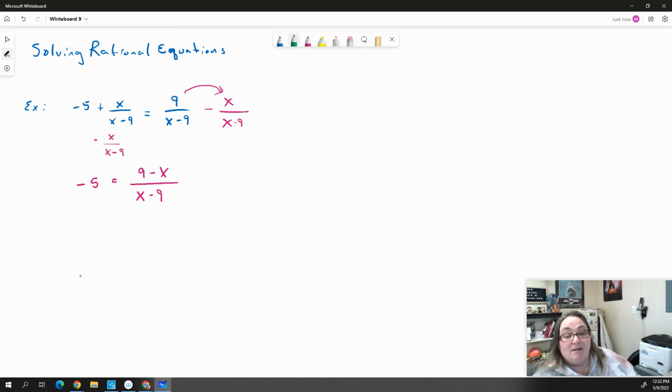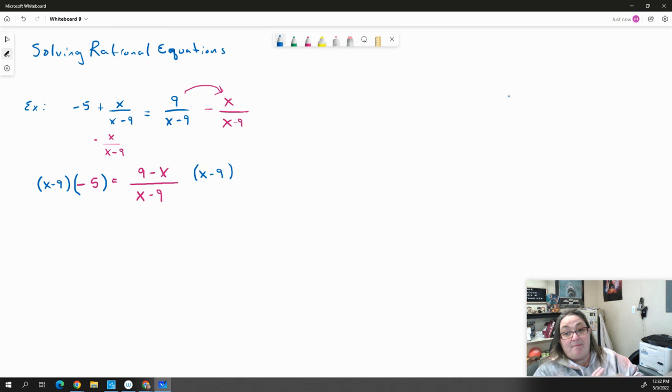All right. Here's all we have to do. If you want to clear out the denominator of a fraction to get rid of your fractions, all you have to do is multiply both sides by that denominator. So if I multiply both sides times x minus 9, I can clear it. The one thing you have to remember to do, though, is I have -5 right here. This is not -5. We're multiplying it.